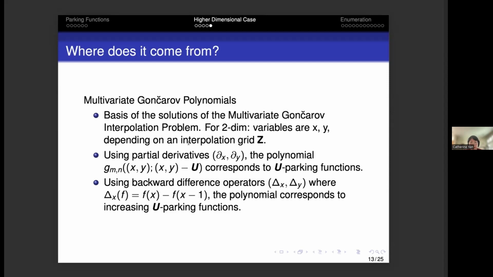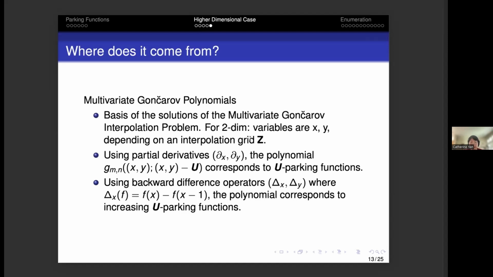There is a multivariate Gončarov interpolation problem, which in two dimensions means you want to find a polynomial in the variables x and y with a given bounded degree, so that when you take partial derivatives of this polynomial and evaluate at some integer interpolation point, you get a desired value. Such an interpolation problem always has a solution, and the basis of solutions is called the multivariate Gončarov polynomials.